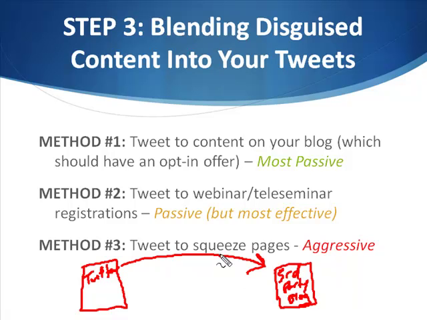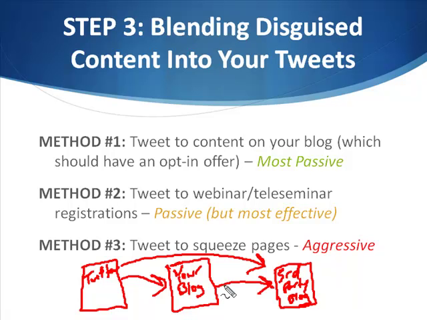If you just want to send pure content, hey, here's some good stuff, then you want to do that. Now, what we're suggesting for method 1 is instead of tweeting directly to the blog, you put in an intermediate step where you first tweet to your blog, and you simply do a blog post about this blog post that sends them over to this blog. The reason you want to do that is that on your blog, you should have an opt-in form. Okay, and we're going to show you some examples. So that's method number 1.